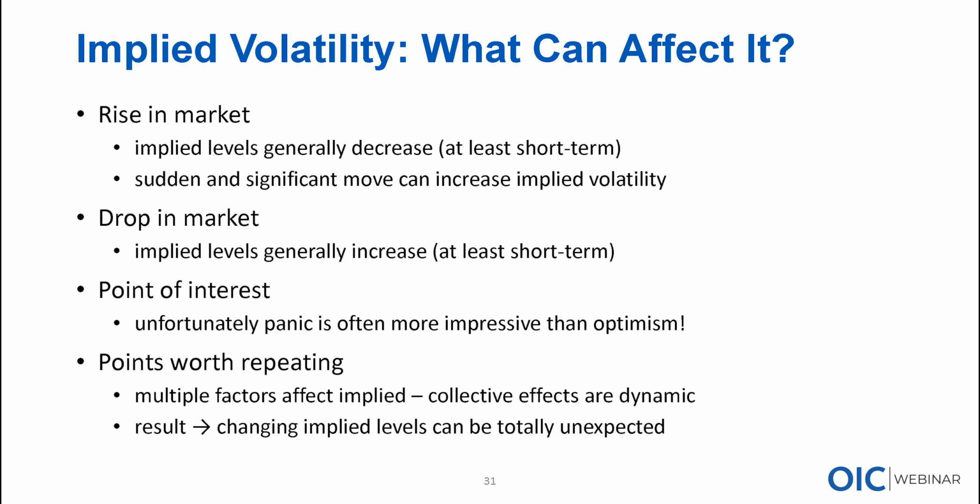So the implied volatility is going to fluctuate depending on that market sentiment. As I mentioned here in that third bullet point, panic is more often impressive than optimism. What that simply means is that the change in the market is going to be quicker and more pronounced with bad news than it is with good news.